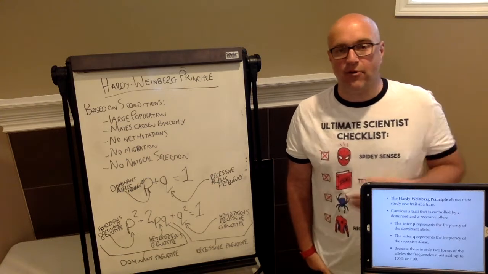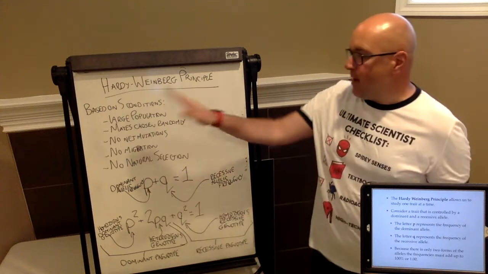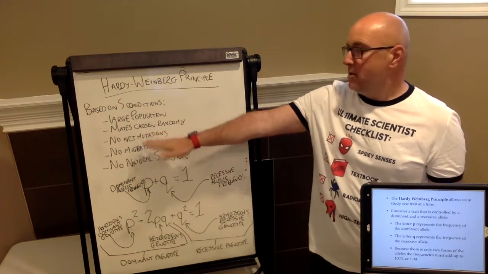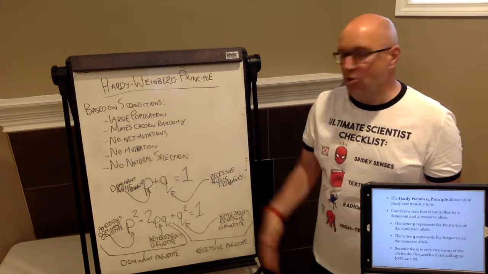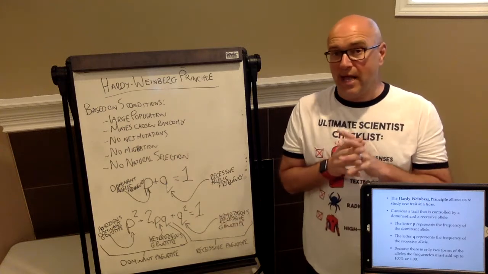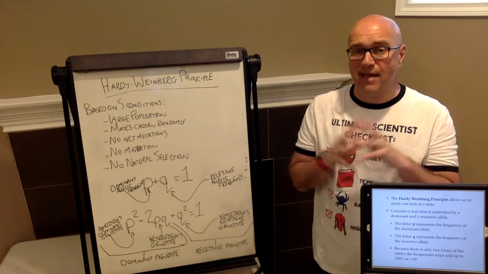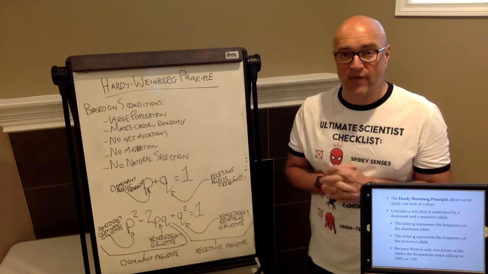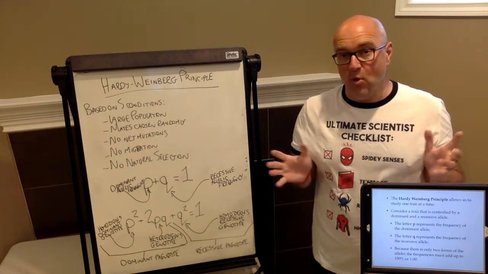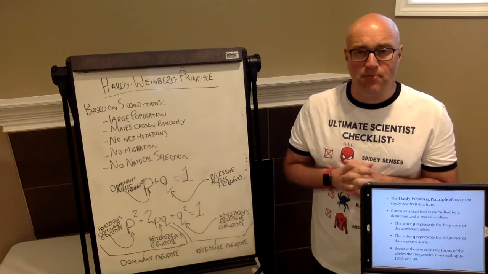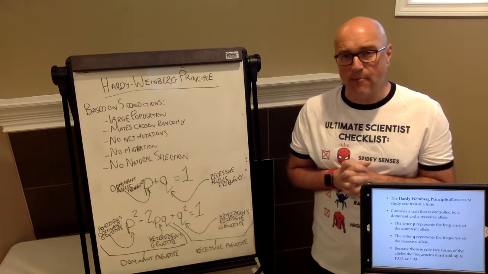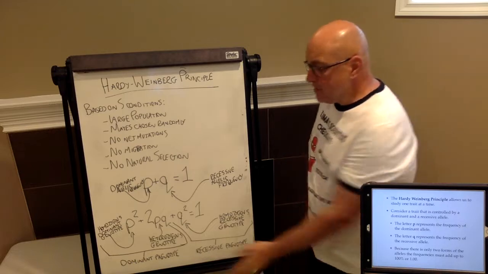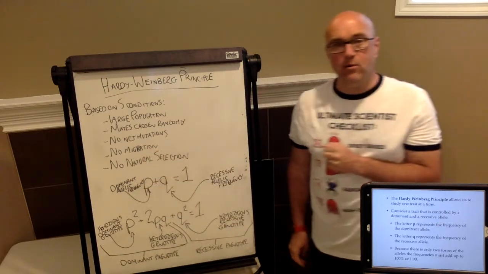It's got the 5 characteristics that are necessary: large population, mates are chosen at random, no net mutations, no migration, no natural selection. So in order to calculate whether a population is in Hardy-Weinberg equilibrium, you just basically add up your frequencies once you've calculated them. And if they don't add up to 1, you know that your population isn't exactly in Hardy-Weinberg equilibrium. All right? But the starting equation is P plus Q equals 1.